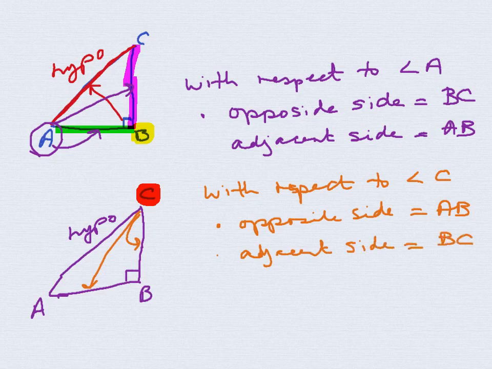If you'll notice, what was the opposite side for one angle becomes the adjacent side for the other angle. They change positions. But what never changes is the hypotenuse. The hypotenuse will always, always, always be the longest side, and it will always be the side across from the right angle. Good luck with Pythagoras.